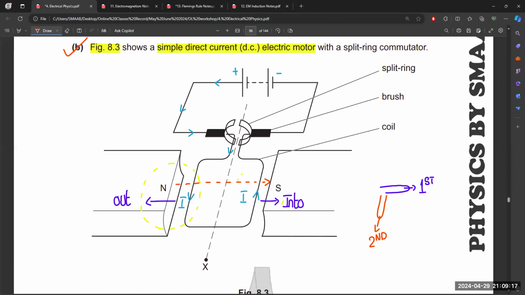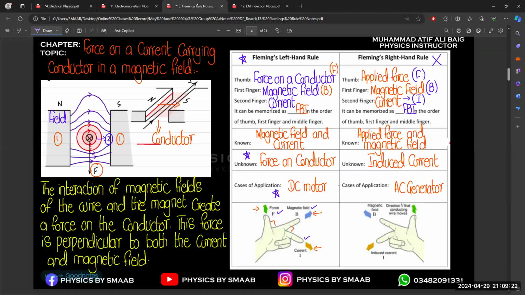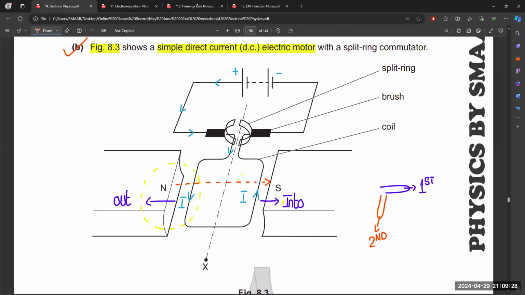And the direction of force is upward, right? So it is the same orientation. We just have to slightly switch this direction from the left hand. So we are getting force in upward direction from the left hand side. So definitely from the right hand side, we will get force in downward direction.